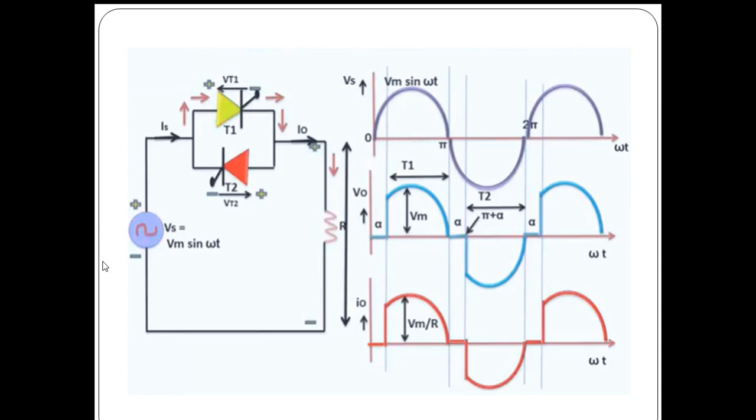During negative half cycle, the bottom is plus and top is negative.